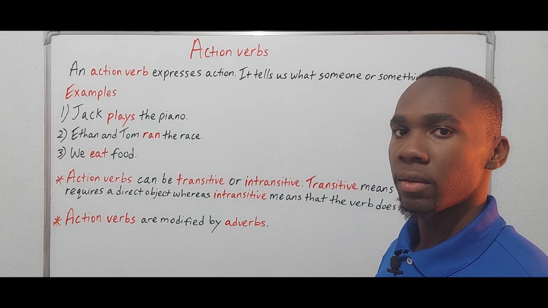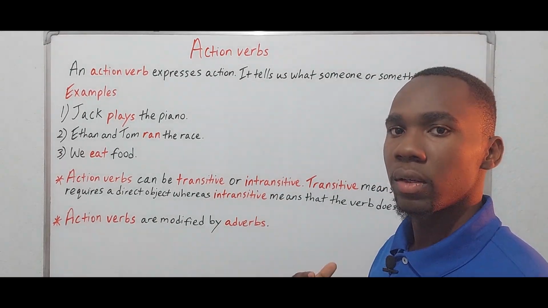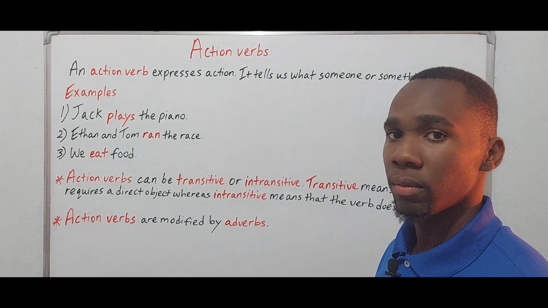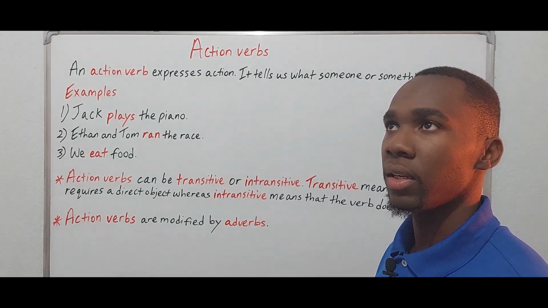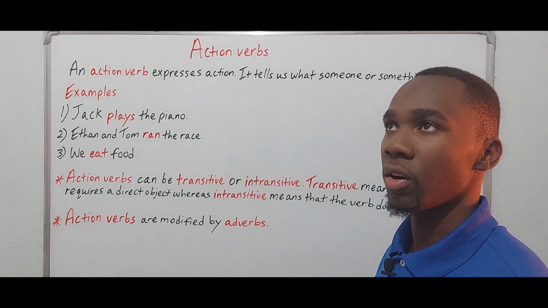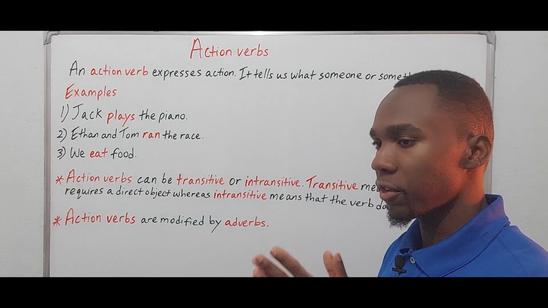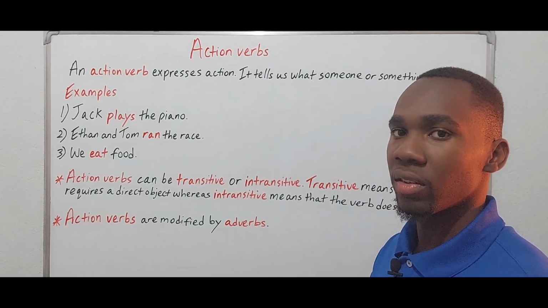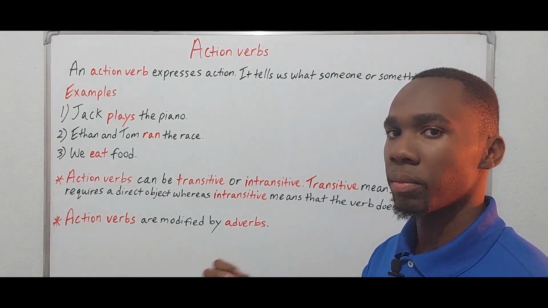So if you come across these terms, this is what it means. The property or the feature of transitivity, right? So if the verb is transitive, that means that it requires a direct object for it to make sense or for it to be complete.